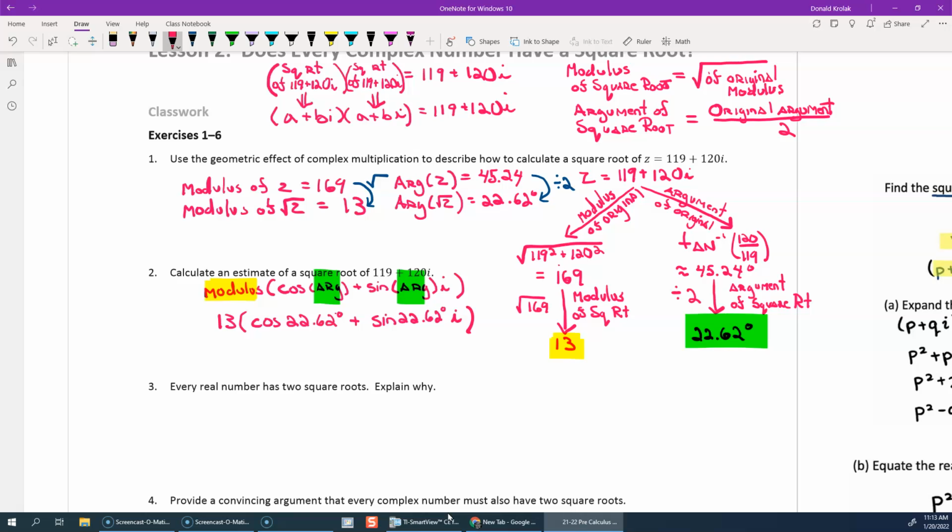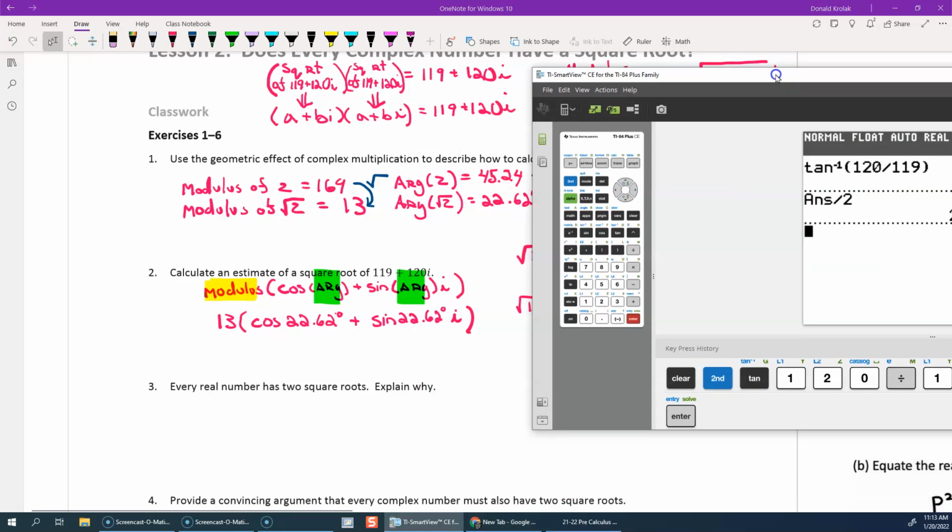And then you multiply that out on your calculator. Okay, so I'll just do that for all of us here.